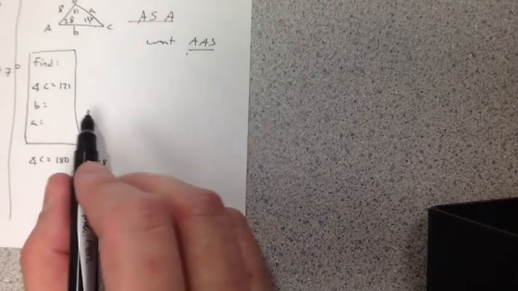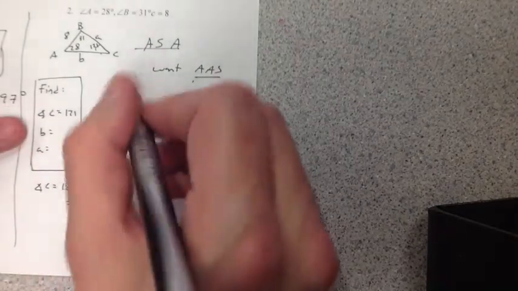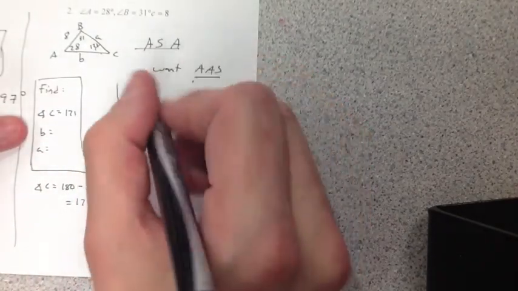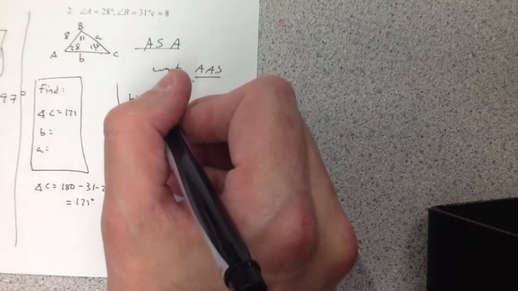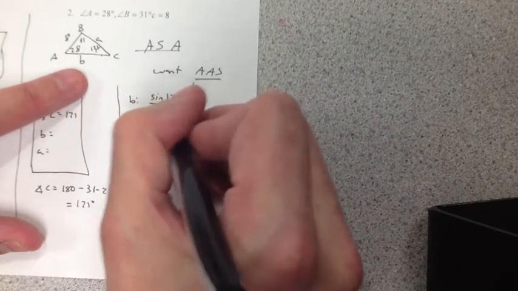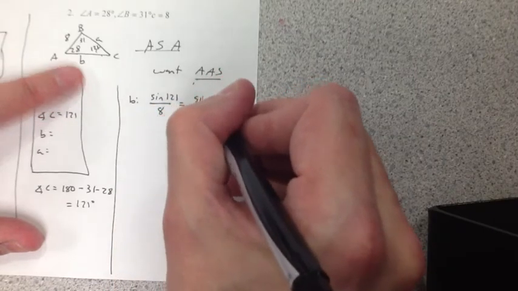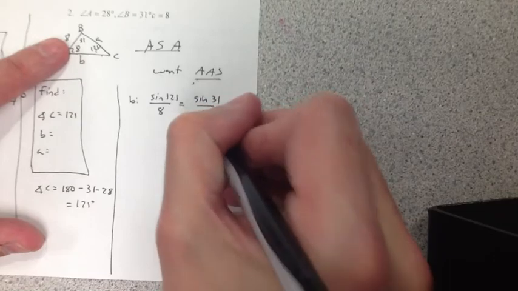And now I can use my law of sines to get the rest. For example, if I want to find B, I'm going to use what I know. I don't know A this time, but I know B. So I'll go the sine of 121 over 8 equals the sine of 31 over little b.